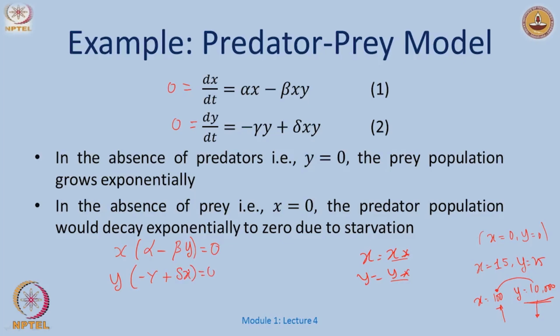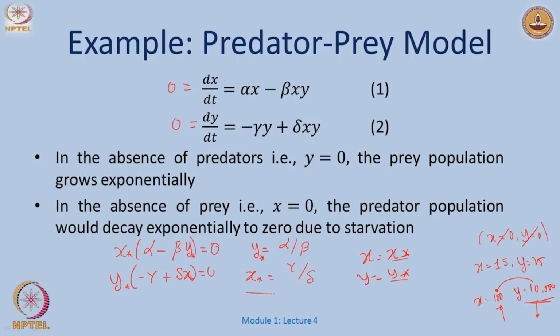We are not interested in the solution x equal to 0 and y equal to 0. Therefore, the solution would be y is alpha over beta, and x, well, let me call this star because I am just looking at this solution when dx by dt goes to 0 and dy by dt goes to 0. So, this x star would be, if I rearrange terms, gamma over delta, and y star would be alpha over beta.